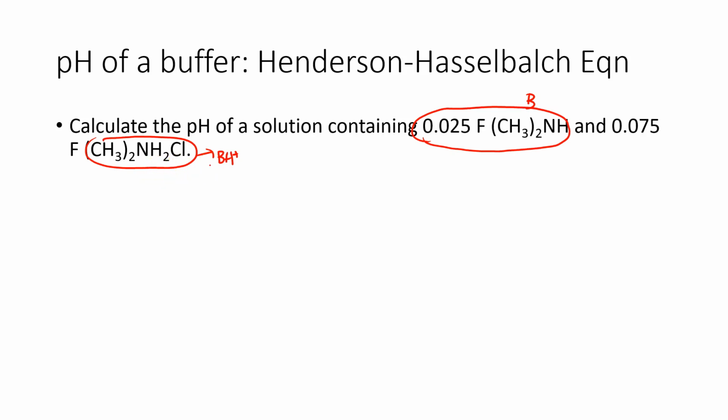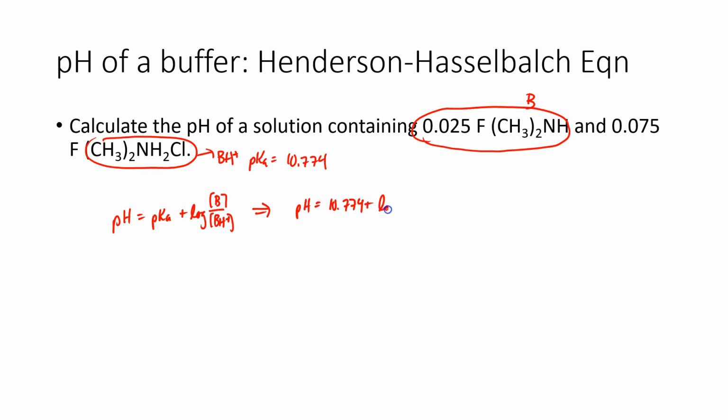And the pKa is 10.774. So the pH equals the pKa plus the log of B over BH plus, and I should put brackets there for concentrations.